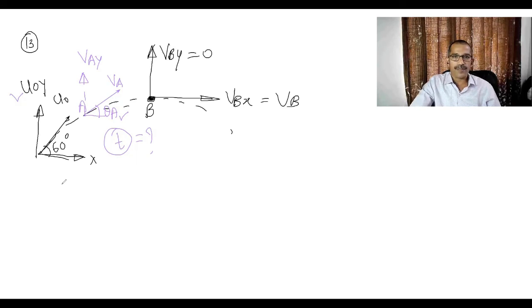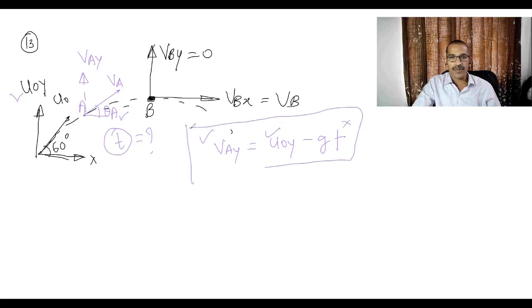You can use a relation between the final vertical component of velocity and the initial vertical component, because Vay is Va sin theta a. That means if we use the equation Vay equals u0y minus gt, here Vay is known, u0y is known, time t is unknown, so t is easily possible.